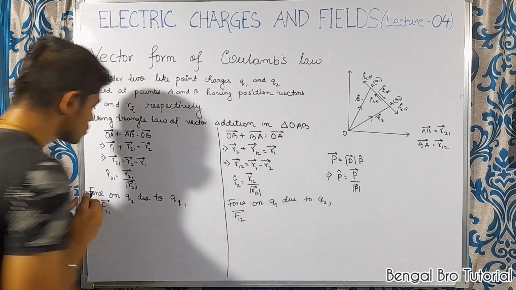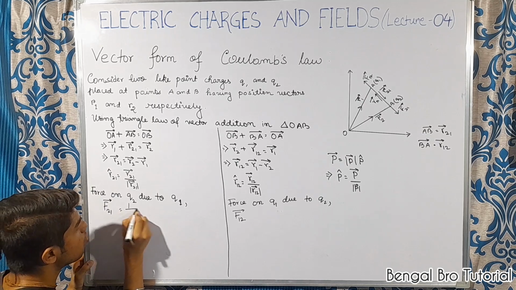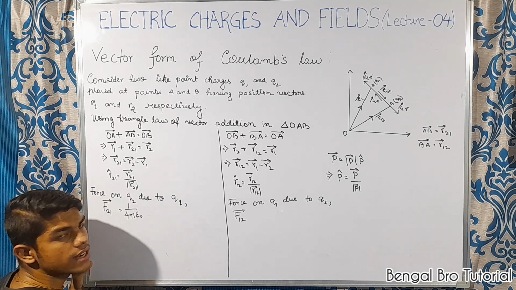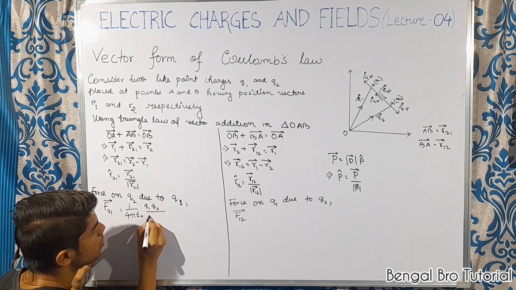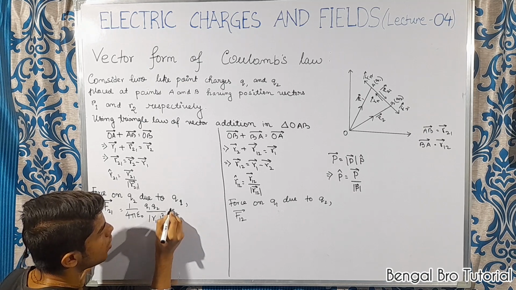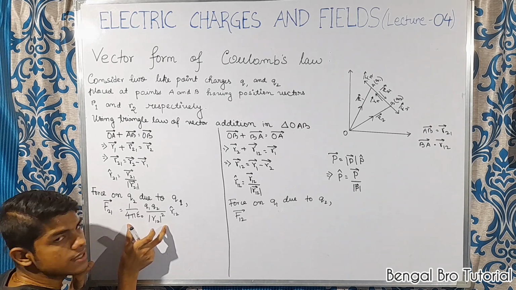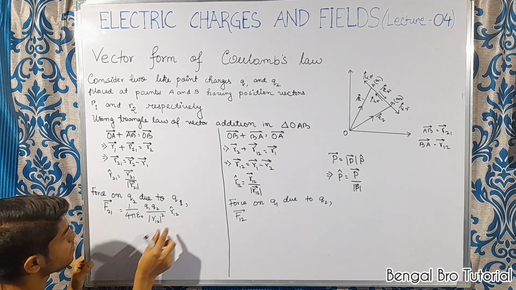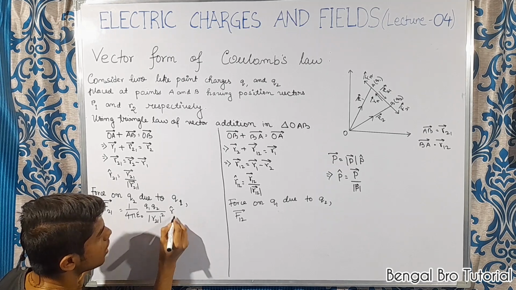Okay. Now if we use Coulomb's law, then we can write that F21 is equal to 1 by 4 pi epsilon naught, considering that the two charges are in vacuum, Q1 Q2 by mod of R12 square into R12 cap. This part of the expression is giving us the magnitude of force and this part is giving us the direction. Sorry, actually it is going to be R21.